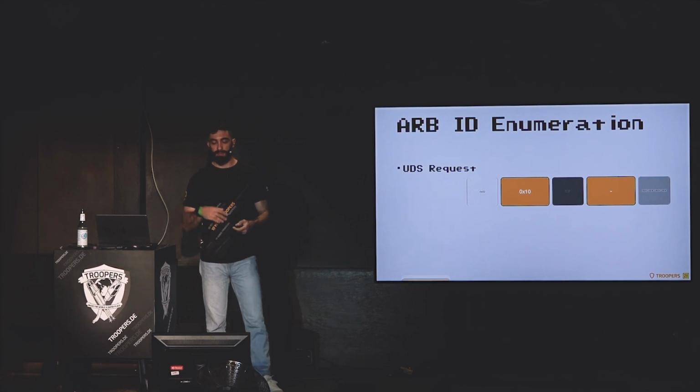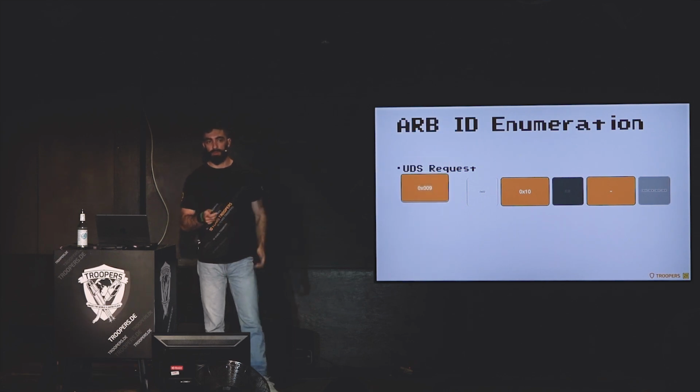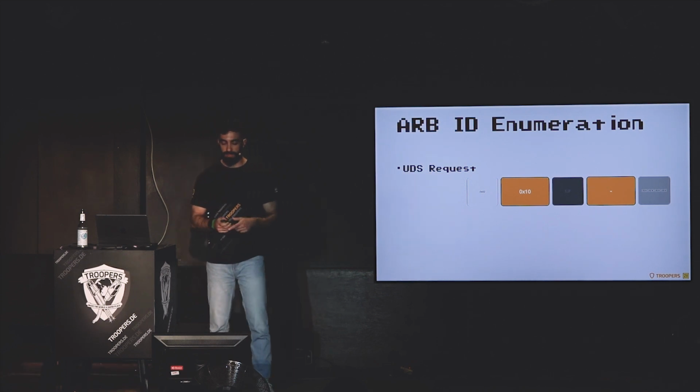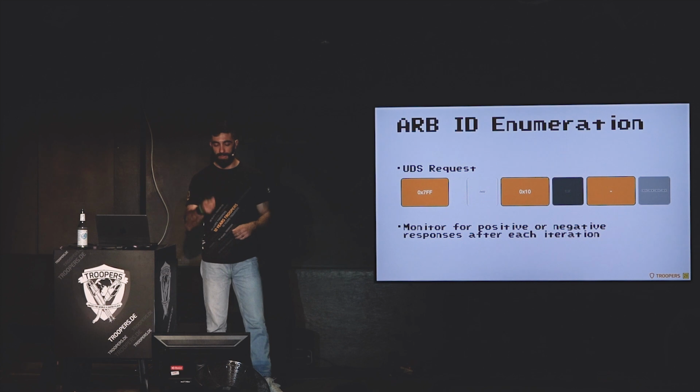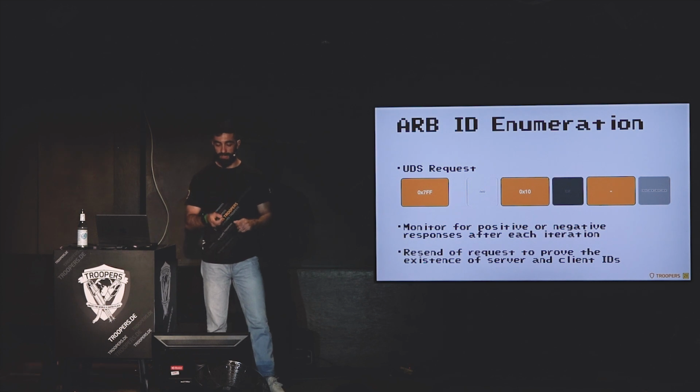Of course, we send basically a diagnostic session control for default session, because mainly in all of the ECUs that we tested, you have to find the default session on this ECU, and we're iterating through all the different available IDs to find out if we get a positive or negative response after its iteration, and we resend the request to prove the existence of server and client IDs.